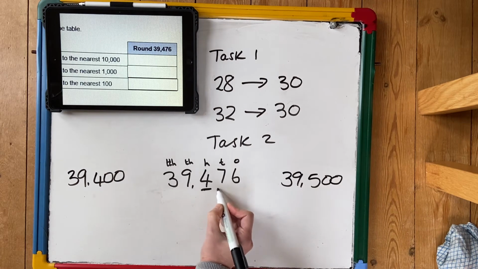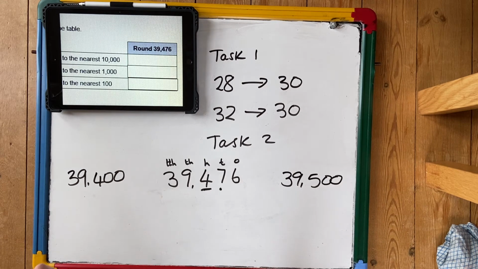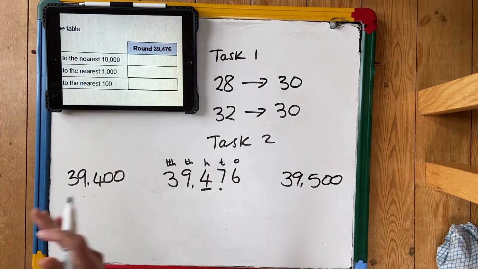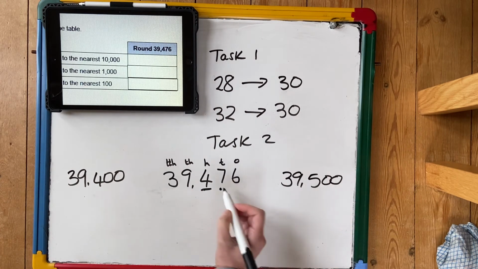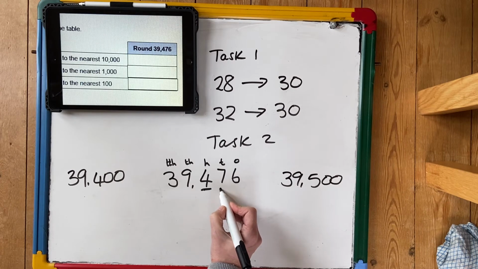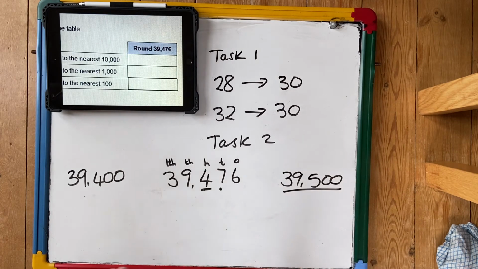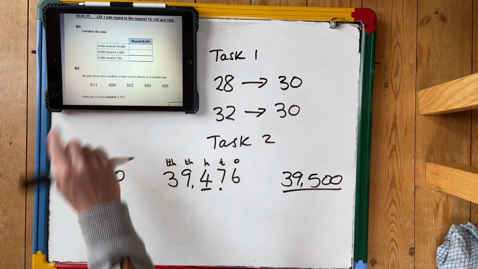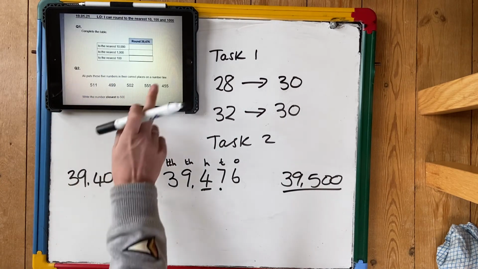So remember, look at the next digit, which is a 7. Now a 7 is, remember, if it's 5 or more, it rounds up. So there you go, the 7 is 5 or more, so you round up to 39,500. I think you'll be able to do question 2 okay.